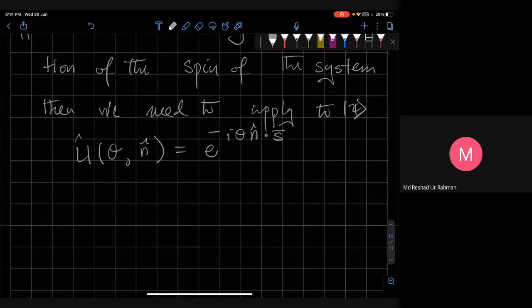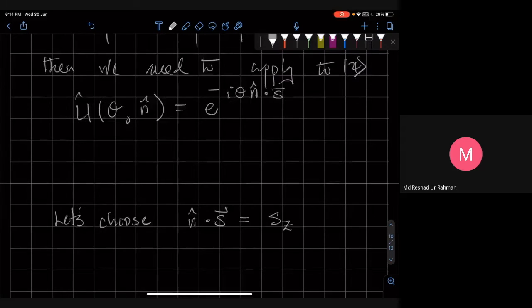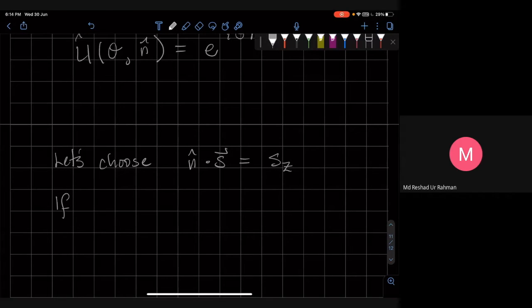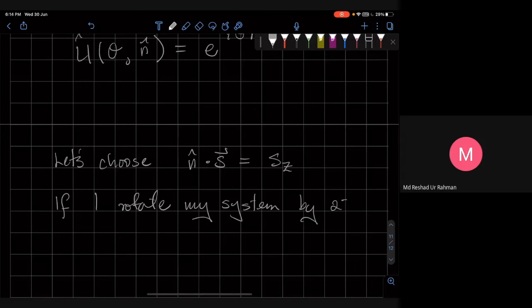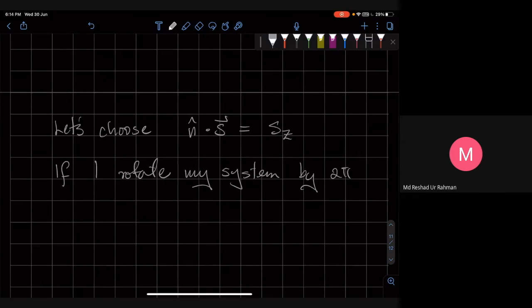Now let's choose our coordinate system in such a way that n dot S is S_z. Okay, so now if I rotate my system by 2 pi, then what is going to happen?